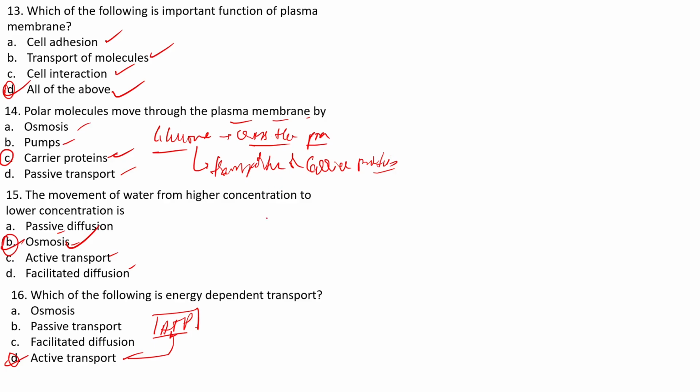I did not mention this point. Active transport mainly transports the molecules against the concentration gradient. Whereas facilitated diffusion or passive transport or osmosis, they are all down the concentration gradient. As a result, they don't require energy. So let us remember this point.